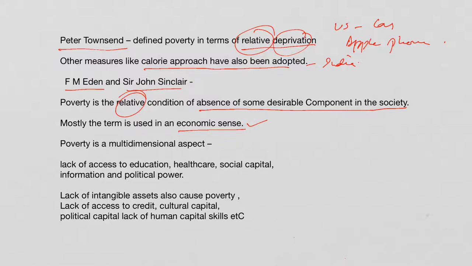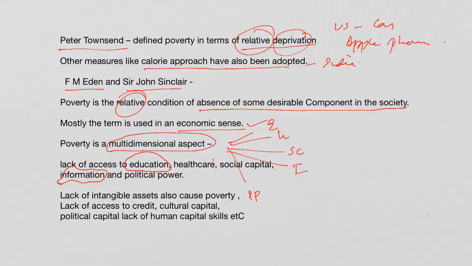Then we have discussed sometime before in the previous slide, poverty is a multi-dimensional aspect. Multi-dimensional deprivation also. What are these dimensions? We can divide with respect to education, healthcare, social capital, information, political power, etc. That means if you don't have education, you don't have the right information, there are more chances that you will be in the poverty-ridden category, that you cannot earn money if you don't have a skill set.